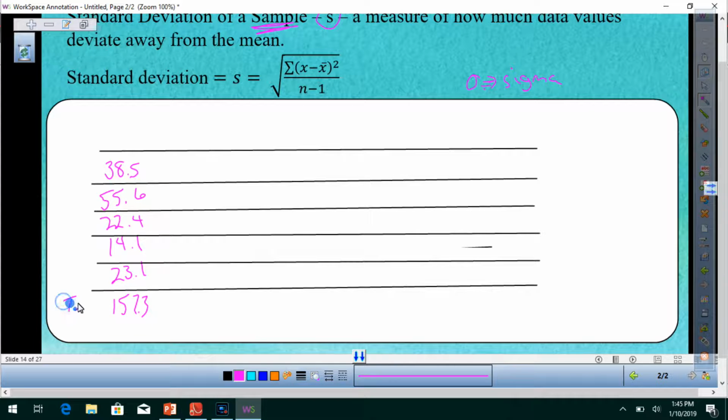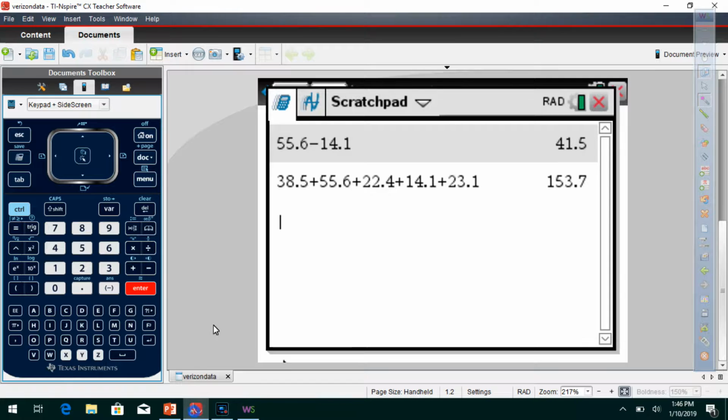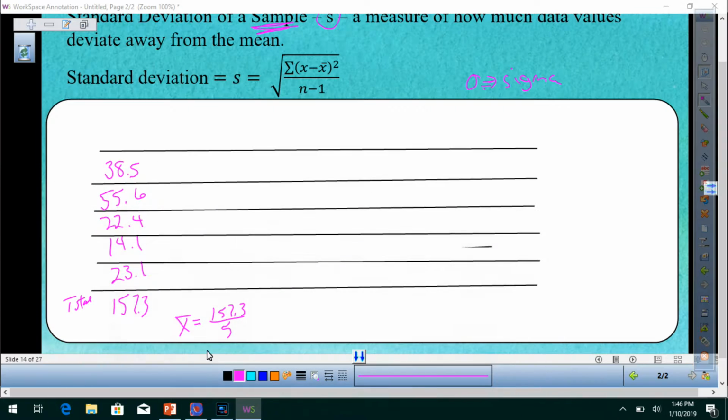That's the total. Now we're going to divide that by 5, so our mean, x bar, is 157.3 divided by 5, and I get 30.74.